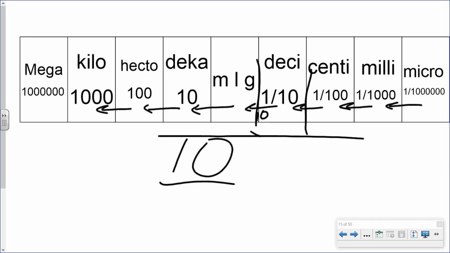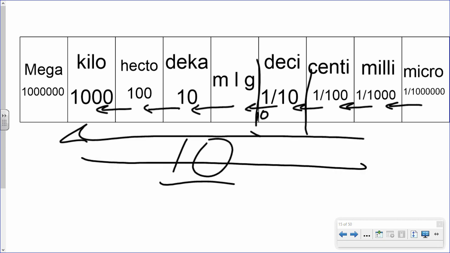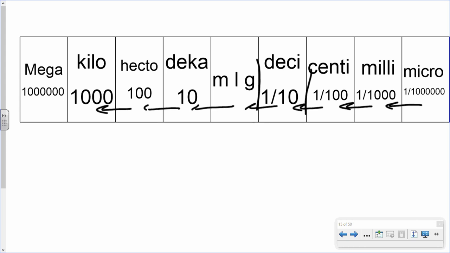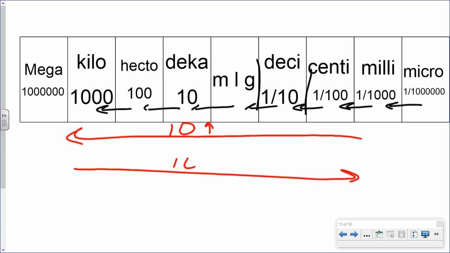It gets 10 times bigger this way and 1/10 smaller to the right. So if I go this way, it gets 10 times bigger. If I go this way, it gets 10 times smaller, or 1/10 as big. So everything is separated by a factor of 10.